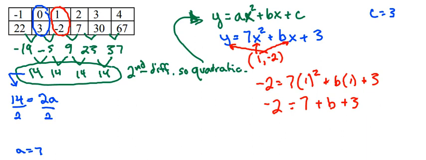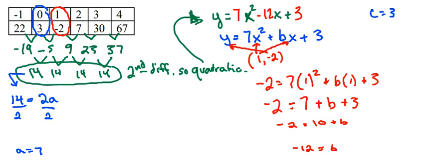So it's easy. 7 plus 3 is 10. And I'm going to subtract 10 from both sides, and I get negative 12 equals b. So you come all the way back up here, and now I know a is 7, so 7x squared minus 12x plus 3.